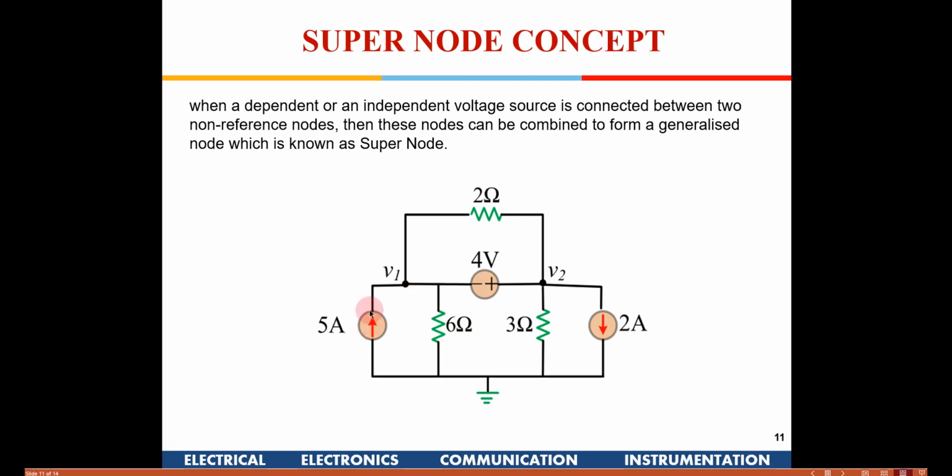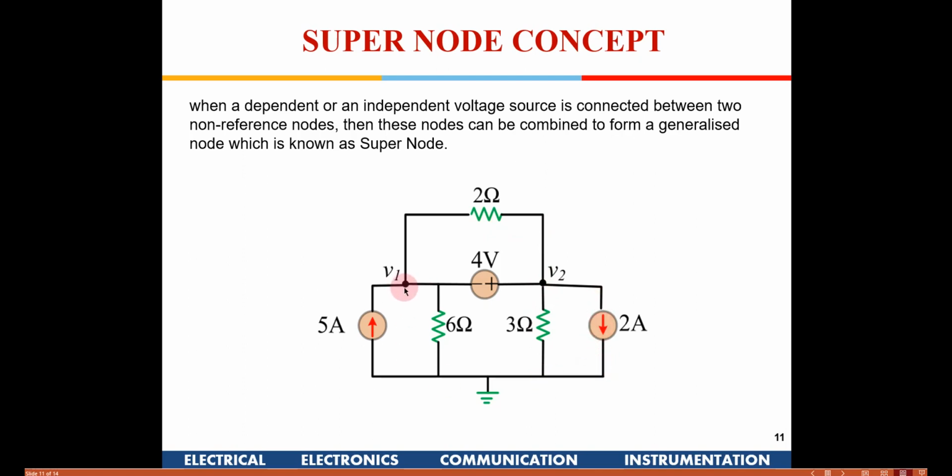These are the two currents which don't have any problem, and are not related with V2 in any way. But there are another two currents, one through this 4 volt and one through this 2 ohms. The current through this 4 volt and the current through this 2 ohms will reach V2, and then what happens? Then it has to come through this 3 ohms and through this 2 amperes, right?